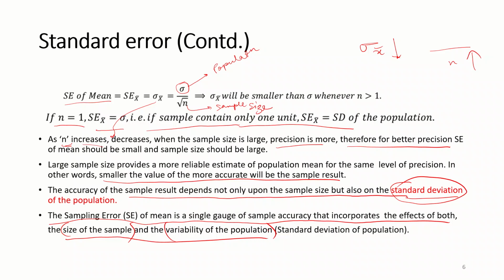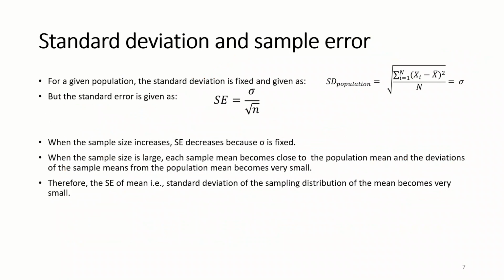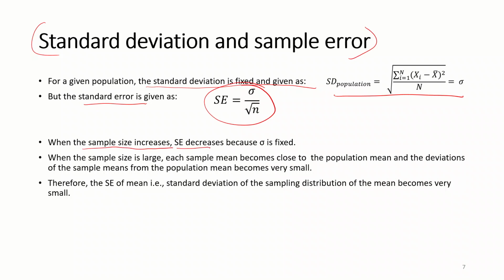Sure, thanks. So for a given population, the standard deviation is fixed. This slide tells us the difference between the standard deviation and the standard error. The standard error is this one. So when the sample size increases, the standard error decreases because sigma is fixed.